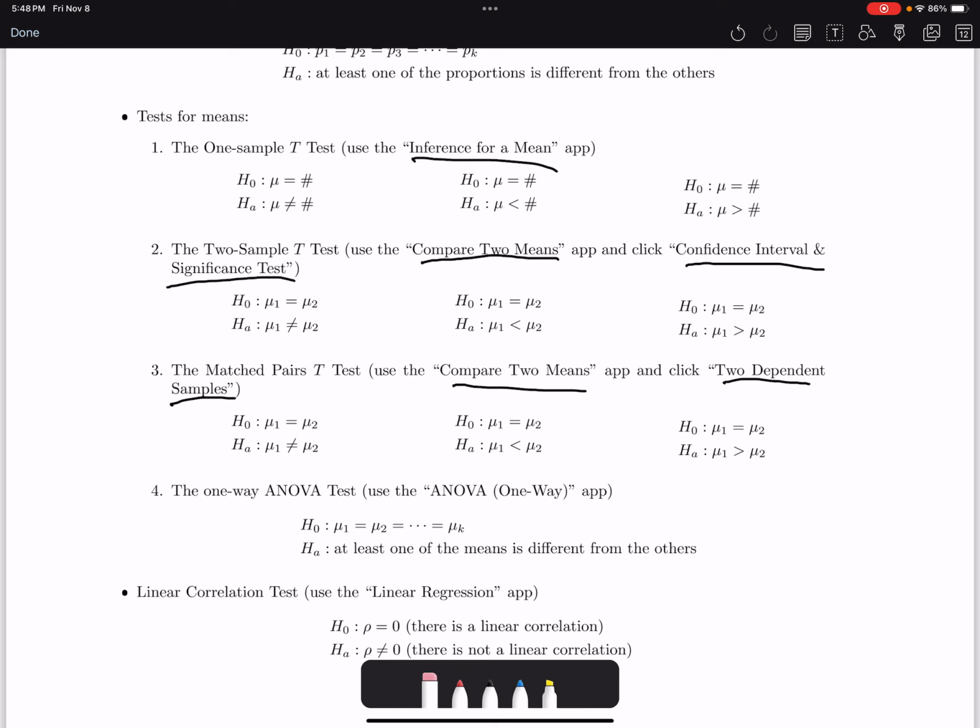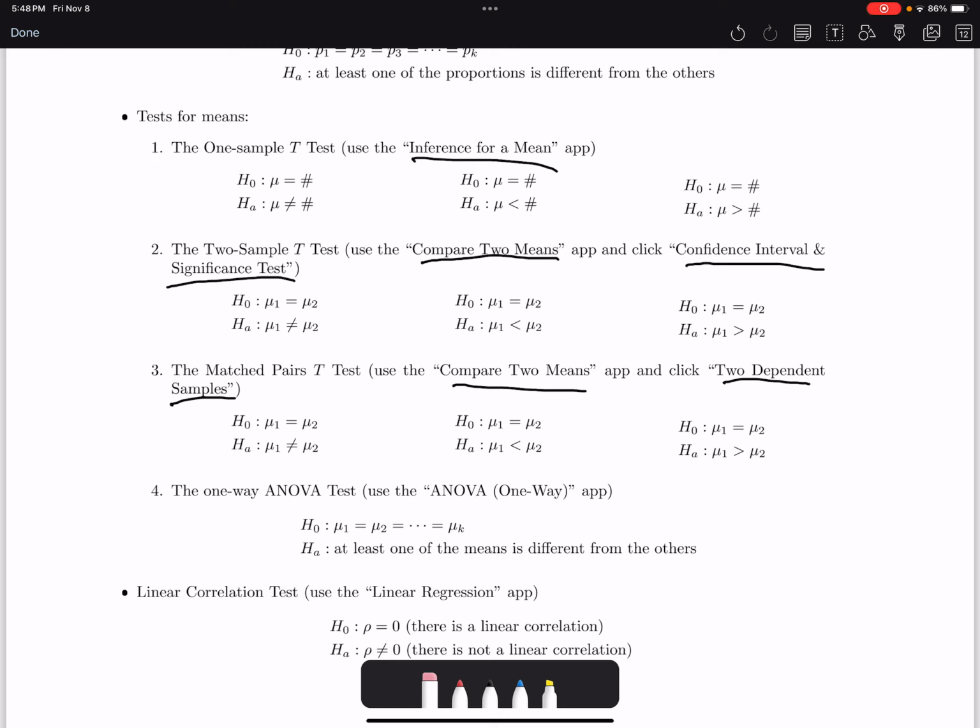An example of matched pair sampling would be like befores and afters. If you're looking at somebody's weight before taking some kind of weight loss supplement, and then 6 weeks after taking the weight loss supplement, then you have matched pairs. Each individual is a matched pair with him or herself. So befores and afters are matched pairs.